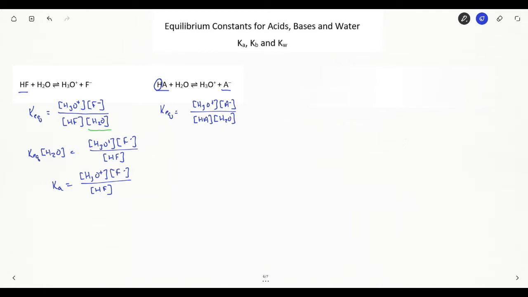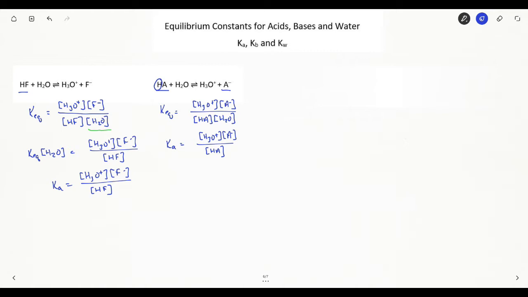But of course, we're going to assume that the concentration of water is constant. We are going to turn this into a Ka. And this is our Ka for a generic monoprotic acid. You will see this quite often.